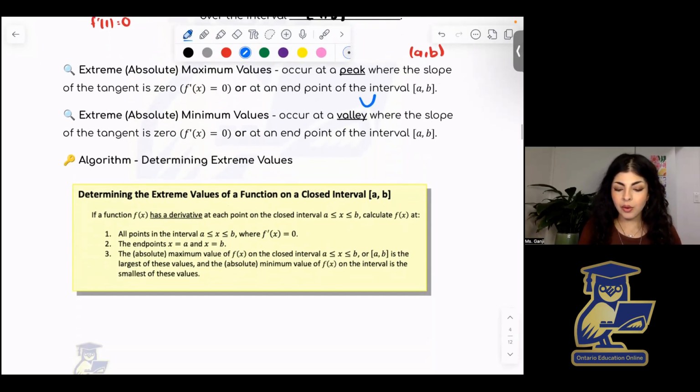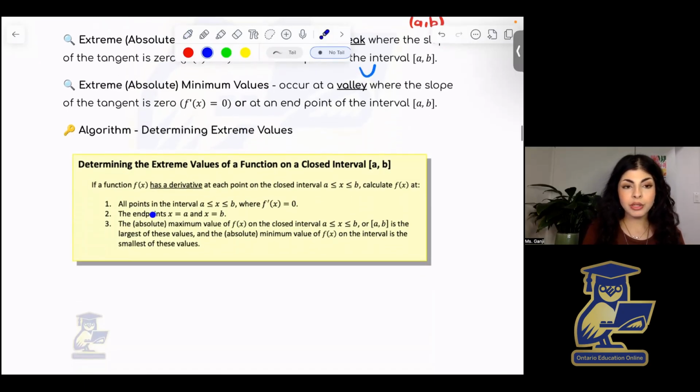And this is now a refresher. We've already seen this at the end of Unit 2 and used it implicitly in optimization problems, but this is our algorithm to determine extreme values. So if a function f of x has a derivative at each point on a closed interval, so x is between a and b inclusive, then we calculate f of x, because we want to see what those output values are to determine which is the maximum or minimum.